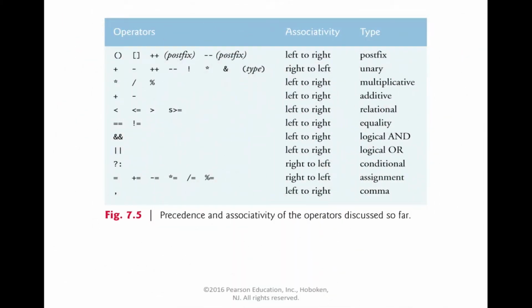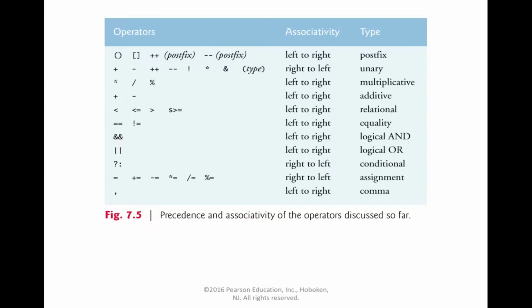So when we talk about order of operations, as we have discussed things so far, obviously parentheses, brackets, prefix and postfix come first. Then our unary operators, positive, negative, prefix increment and prefix decrement come next.